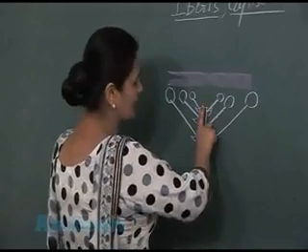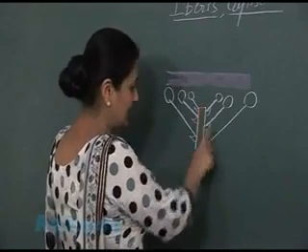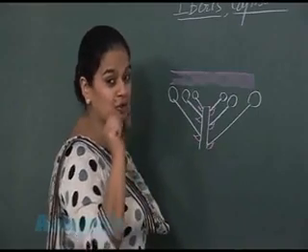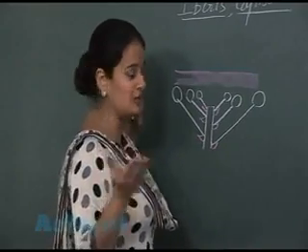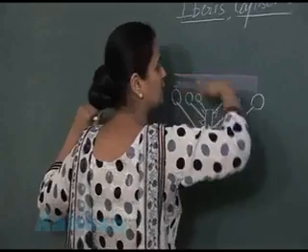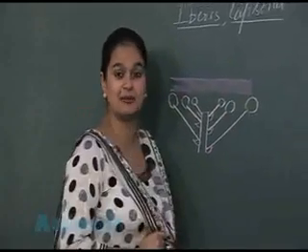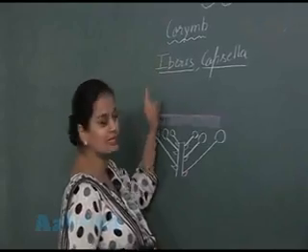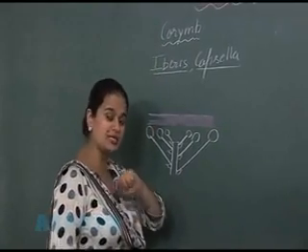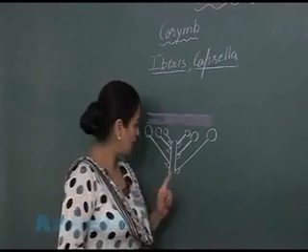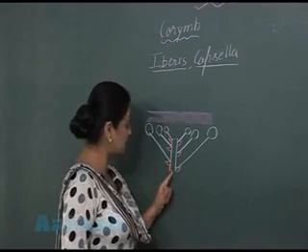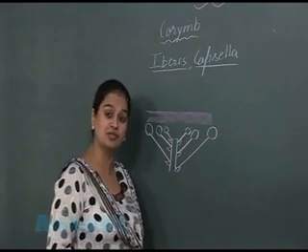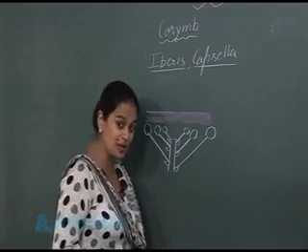One, the inflorescence axis is short. Then the lower flowers have the long stalk, the upper have a short stalk, due to which all the flowers are going to be present almost at the same level. So this corymb inflorescence is present in the iris, but sometimes the inflorescence axis shows branching.